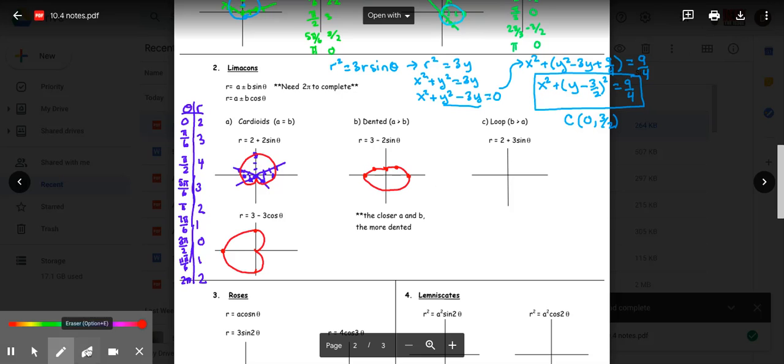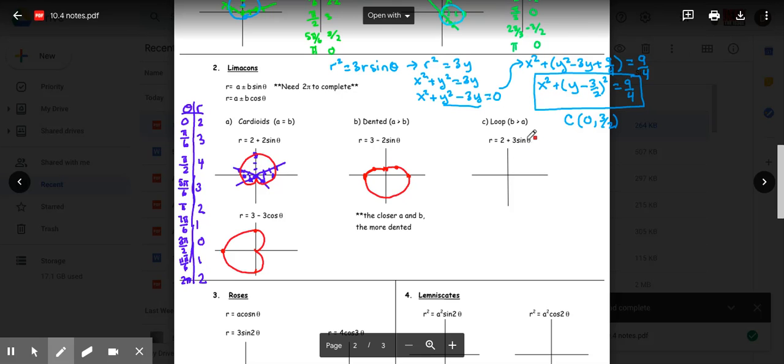No, that was a horrible combo. It almost looks like it wants to be a heart, but it's not indented enough in this spot. It's just ever so slightly dented. There we go. That's better. Okay? Maybe it looks like an apple. I don't know.